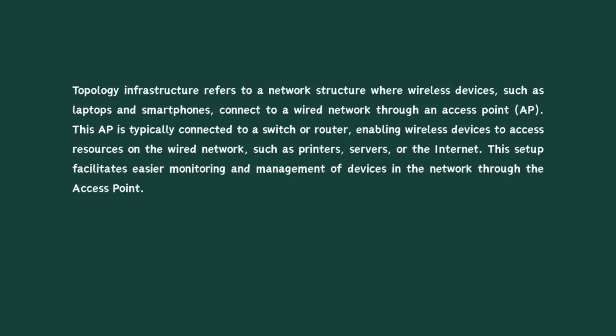Topology infrastructure refers to a network structure where wireless devices, such as laptops and smartphones, connect to a wired network through an access point. This AP is typically connected to a switch or router, enabling wireless devices to access resources on the wired network, such as printers, servers, or the Internet. This setup facilitates easier monitoring and management of devices in the network through the access point.